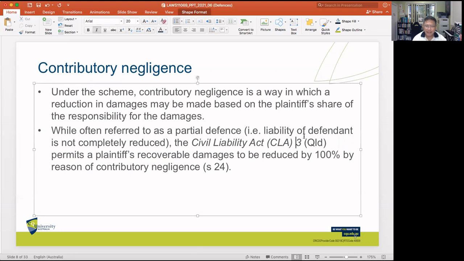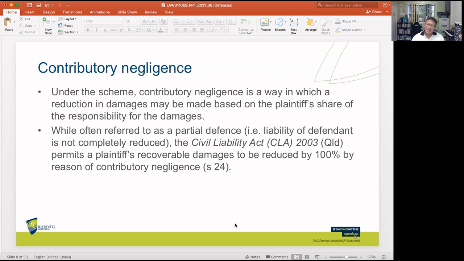That particular statute permits a plaintiff's recoverable damages to be reduced by 100%. In other words, practically nothing by reason of the plaintiff's own contributory negligence.